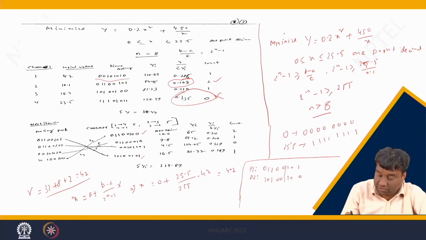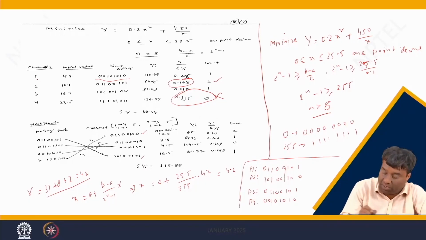Similarly for the parents, we are assuming P3 as the same chromosome, which is 0 1 1 0 0 1 0 1, that is chromosome 2. And we are assuming the other, P4, which is 0 0 1 0 1 0, that is chromosome 1 as P4.